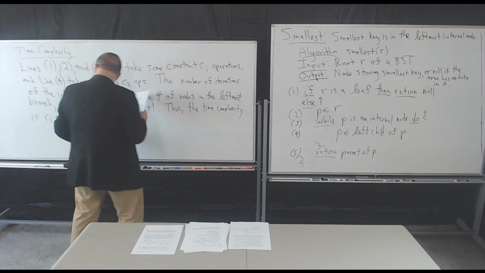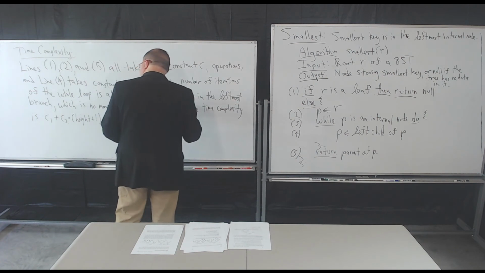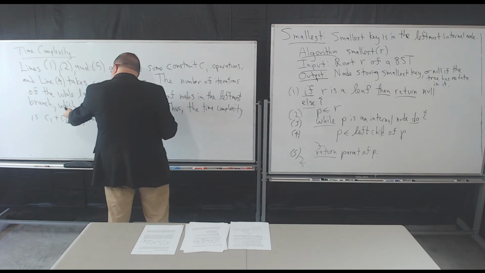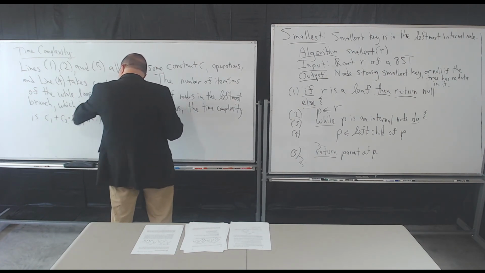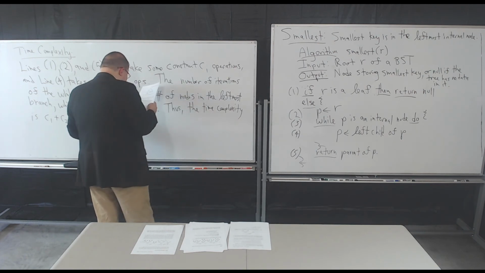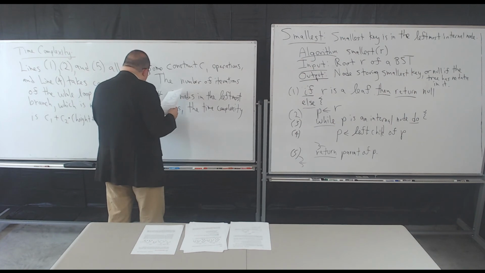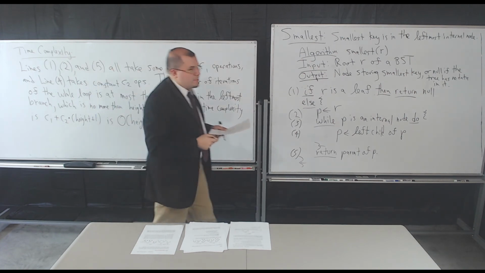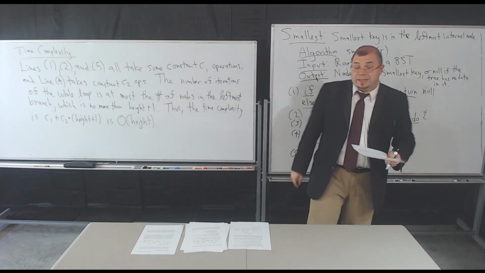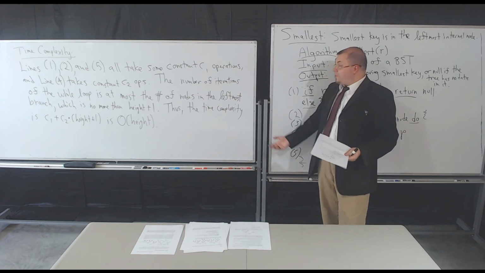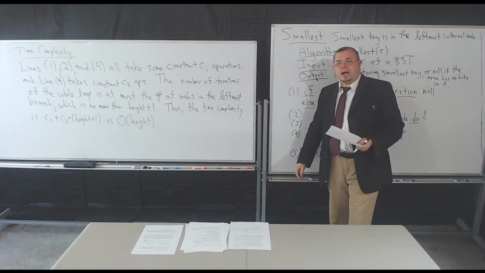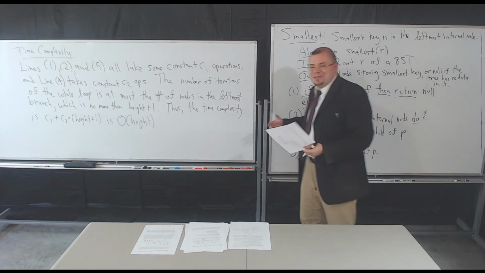But what is that? Well, that's a constant, but this thing is the height. So this is big O of height. So notice in the worst case, it's going to take big O of the height. If you want to get really loosey-goosey, you can technically say it's big O of n, but we're going with big O of the height, because big O of the height is tighter.